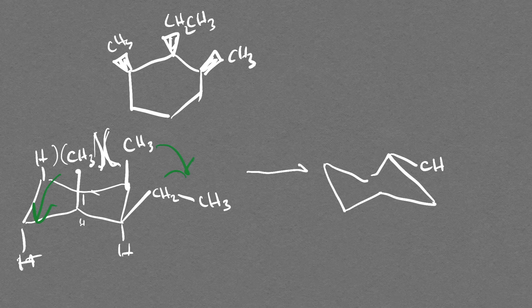Because I've just done a chair flip, and they're equatorial in the same direction. They're both equatorial down. Now my ethyl group is just straight up axial. Of course, there's axial hydrogen here. There's axial hydrogens there, and then I can kind of draw that this is an ethyl.